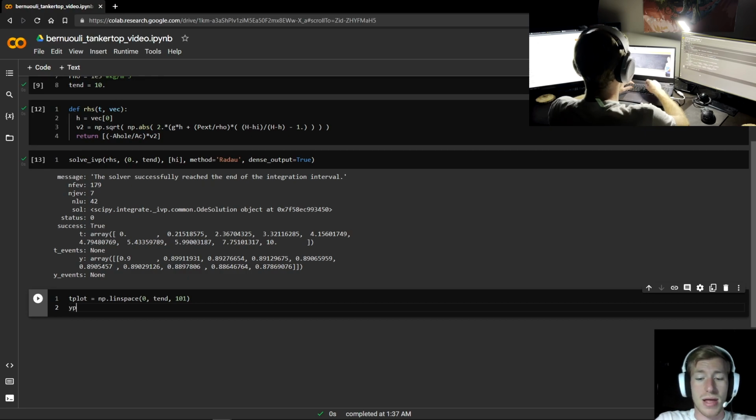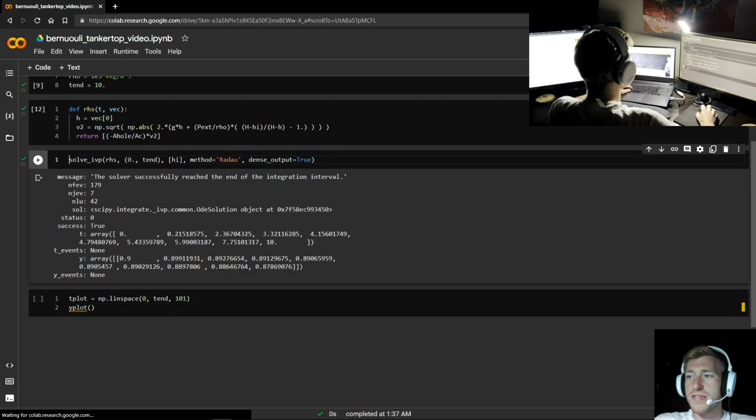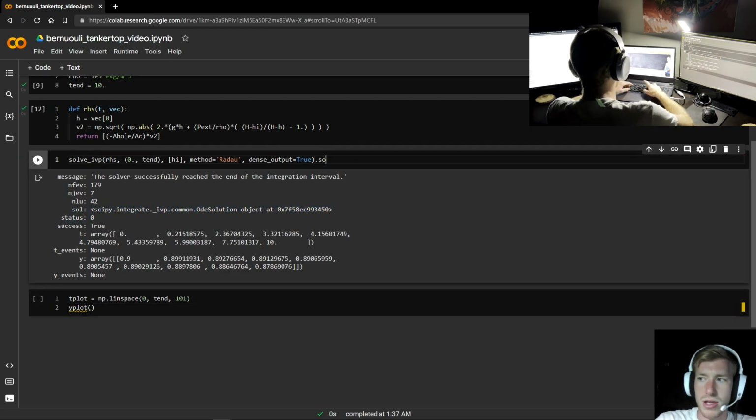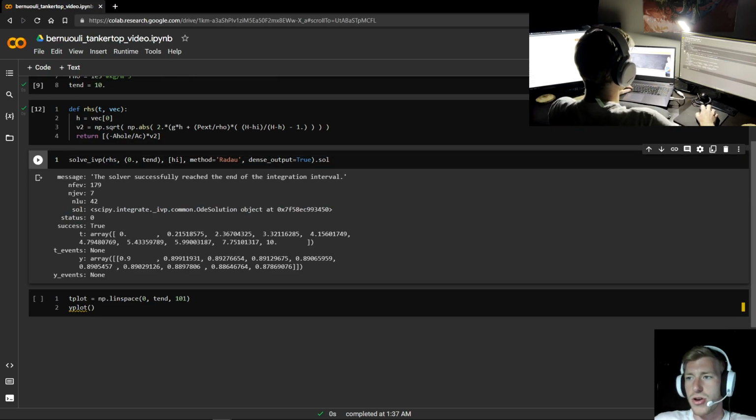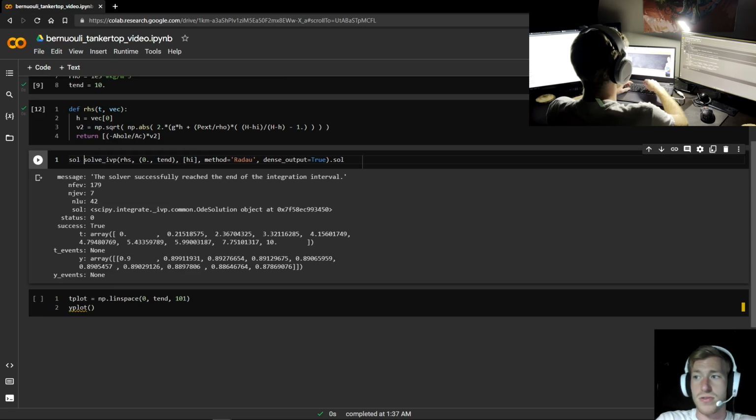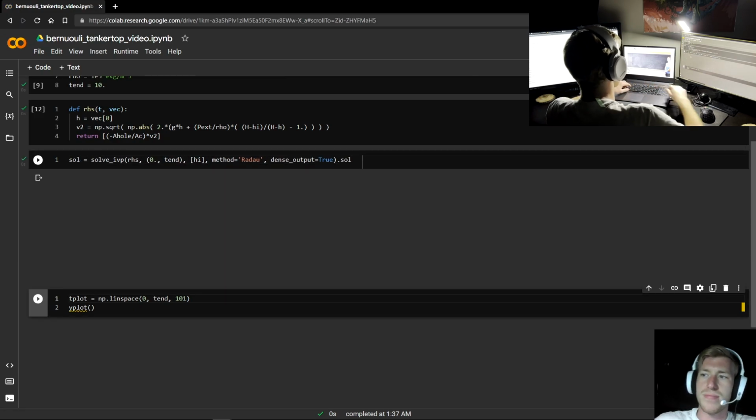And then we're going to need yplot, which we're going to have to define. So right here we said we have the sol, so we're going to say dot sol here to get that actual part of our return. It's not a dictionary, but that's the attribute we want. It gave us an object, that's the attribute. And so we're going to call this sol, just because I'm uncreative today.